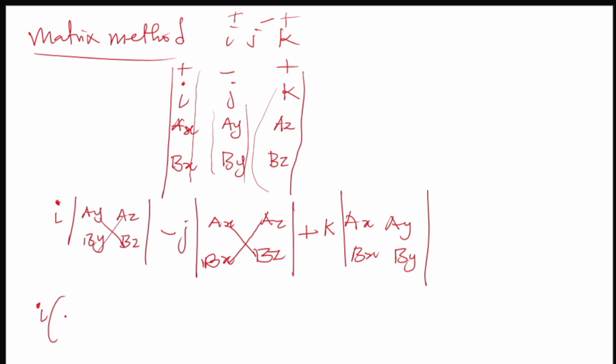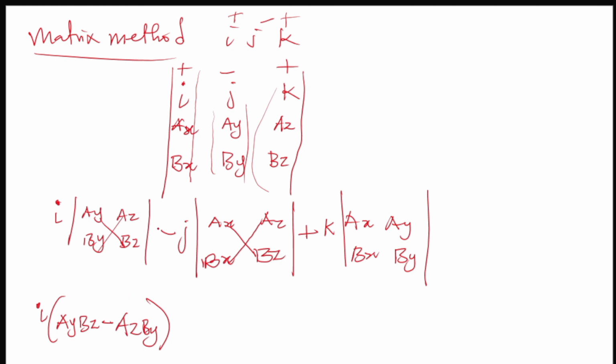That will simply give you AY BZ minus, what's the next concept? We are using this to multiply with what we have here. So if you do that, you simply have AZ multiplied by BY. So this is the first one we have here.